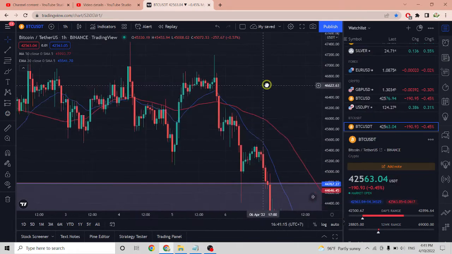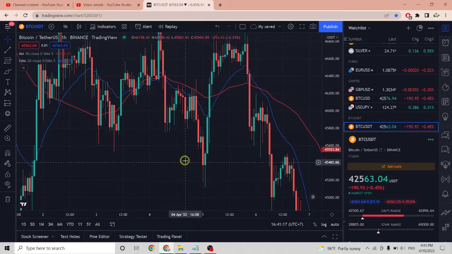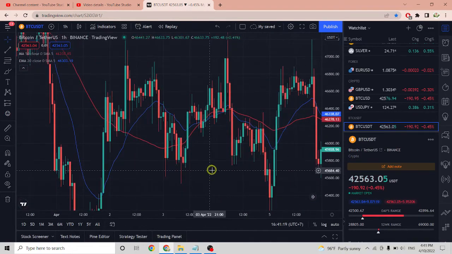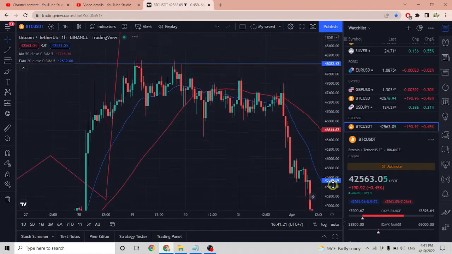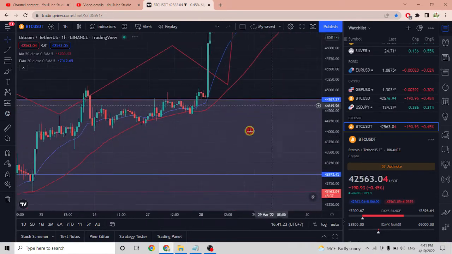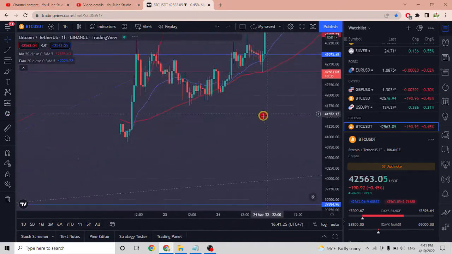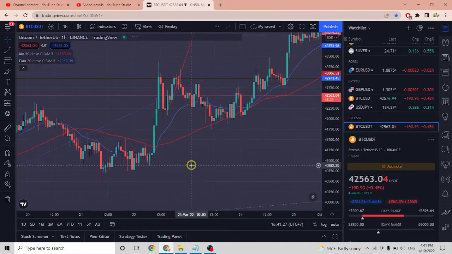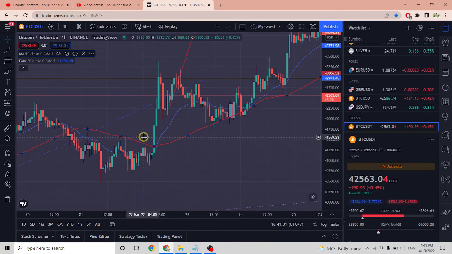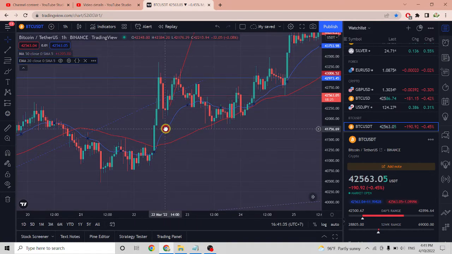Example in our BTC graph here: this is MA 50, it is below the EMA 20, so you can buy here. It's a cross here.